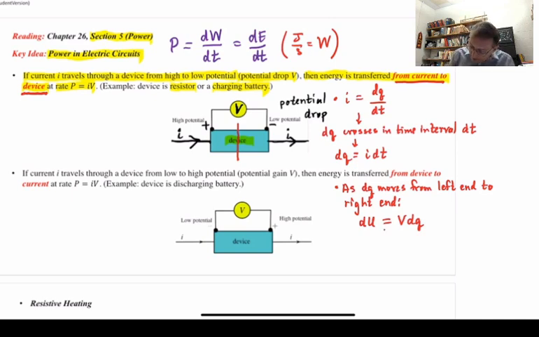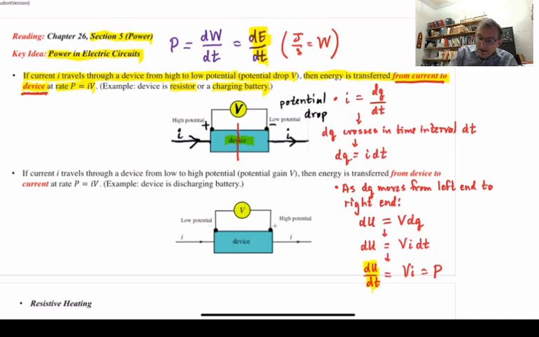Now let me replace that dq with I times dt from the first comment, and then divide both sides by dt. So I get dU/dt is V times I, and then I identify dU/dt as being equivalent to dE/dt. It's the rate at which energy is being transformed out of the potential energy form. So that is exactly what we mean by power.